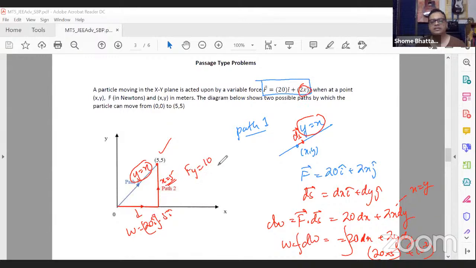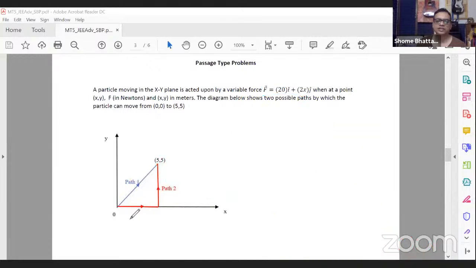It is becoming 10 j cap. So the work done will again be Fy into delta y, because you're moving along the y-axis. It's very easy to calculate the work done. Ultimately you will see that the two paths will give you two different work done. Therefore the force will come out to be non-conservative.